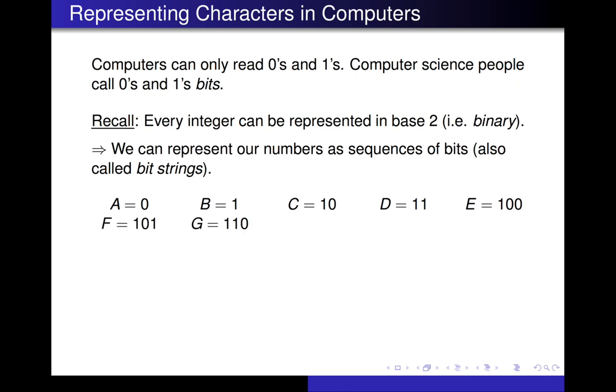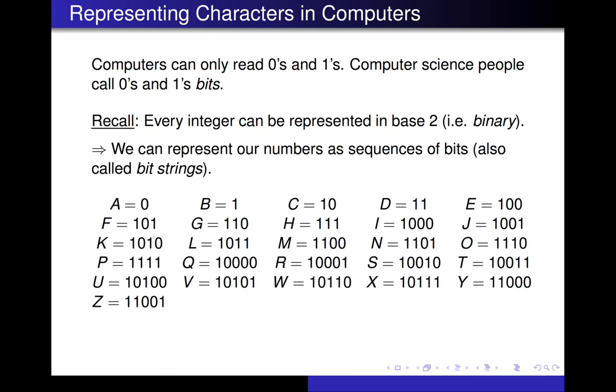And we just keep on going until we get all the letters, all the way up to our last one, which is 11001. So if we wanted to encrypt the letters the way that we have been using in the shift cipher, the decimation cipher, and the affine cipher, then this is how we might do it.